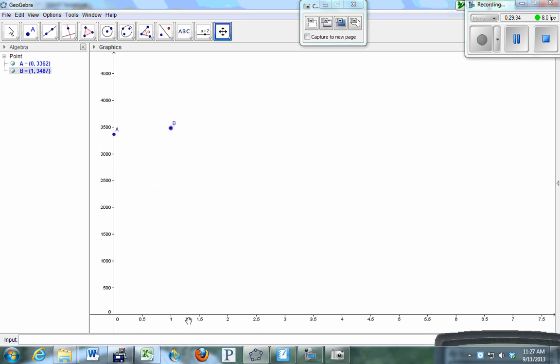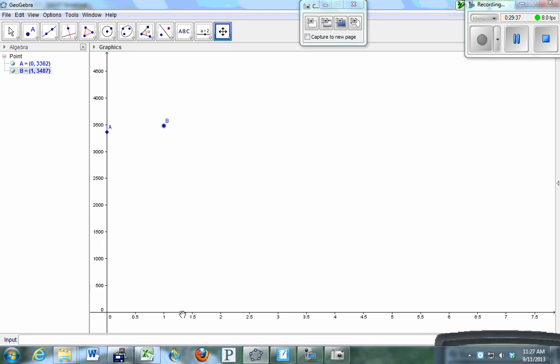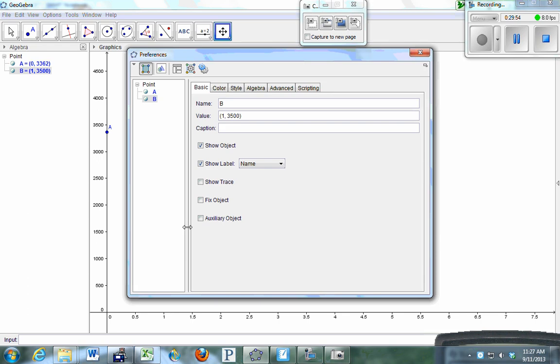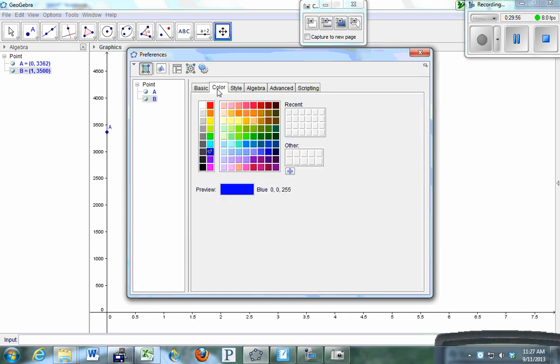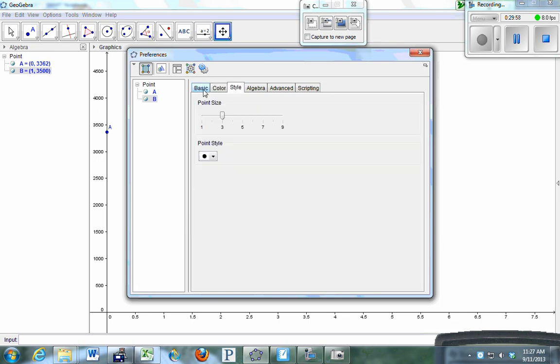All right, so when I look at my points, I can see their coordinates over here. Let me show you another little feature of GeoGebra that's really nice. The right clicking is really cool. Right-click on a point, go down to object properties. You can change the color of the point, you could change the style, and so on.